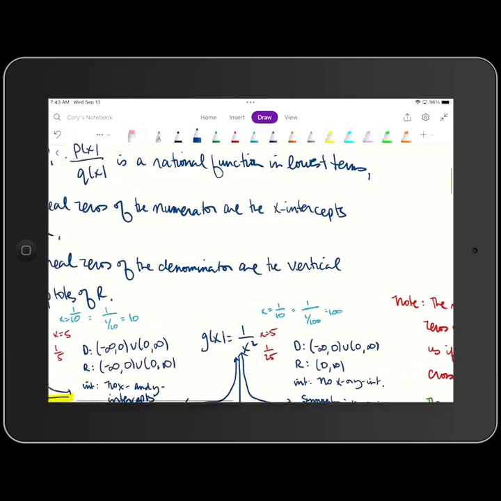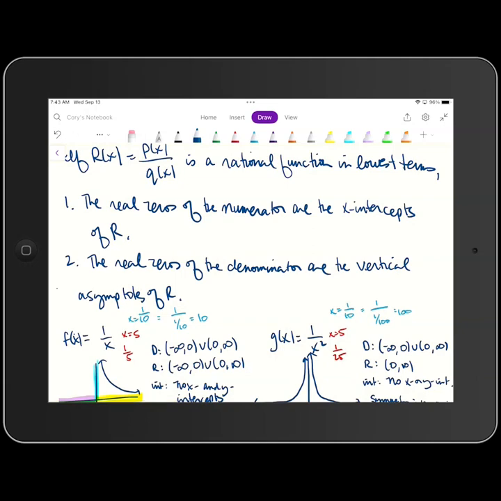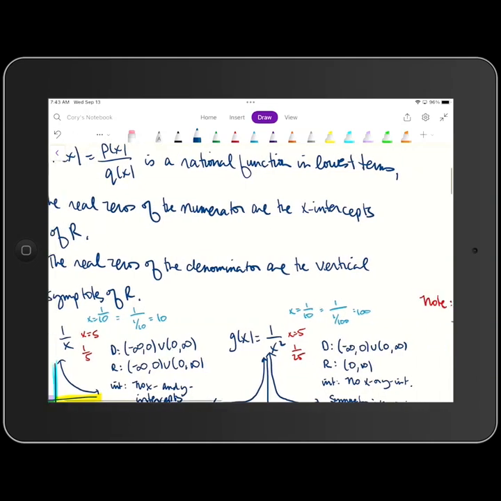Okay, now the multiplicity of the zeros in the denominator tell us something as well.